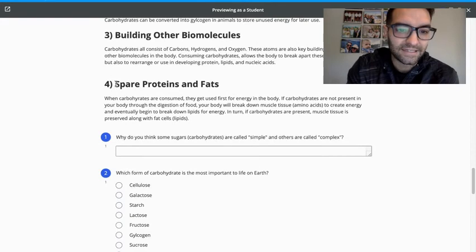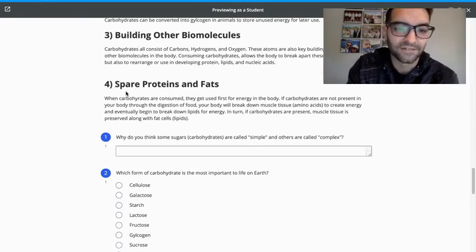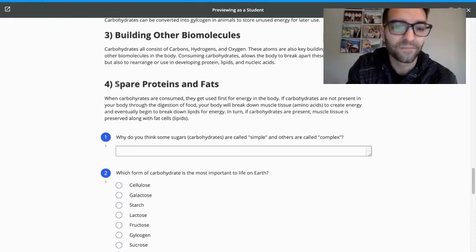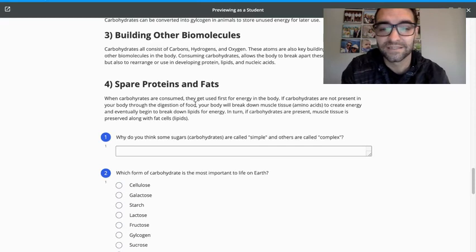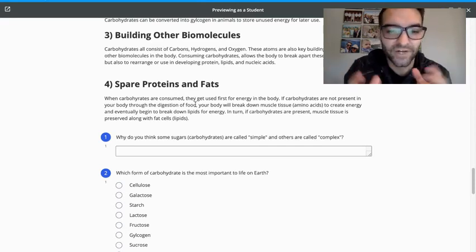Then I touched on this just a little bit. It's looking at it in a positive way, but there's also a negative twist, right? It can spare proteins and fats. Let's say we're an athlete, we're training for something.